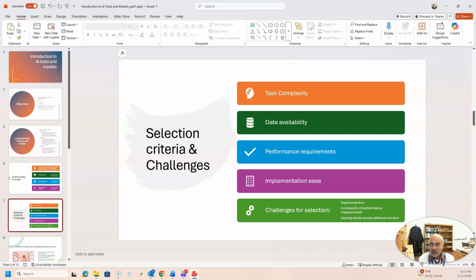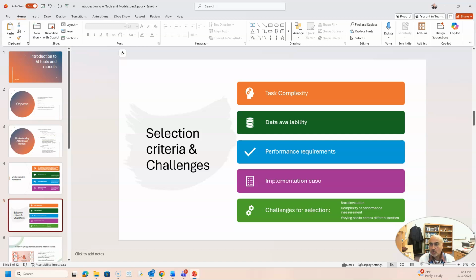So when we are trying to choose the AI models, we have to realize the complexity of the problem that we are dealing with. We also have to look at the availability of the data, the quantity and the quality of data for model training.